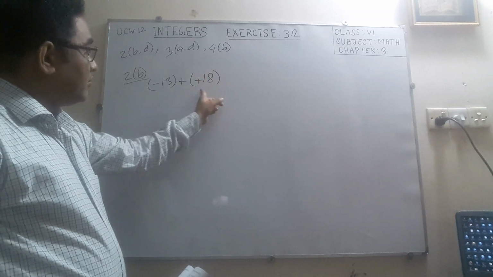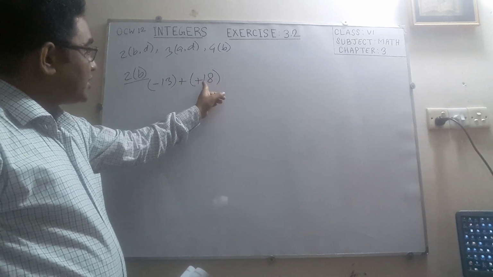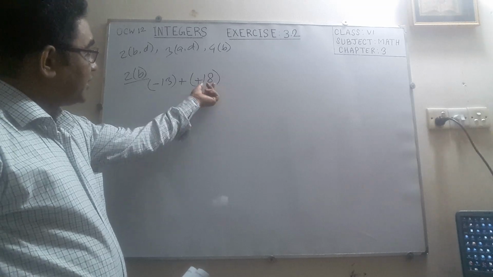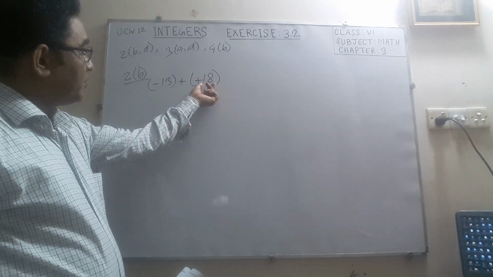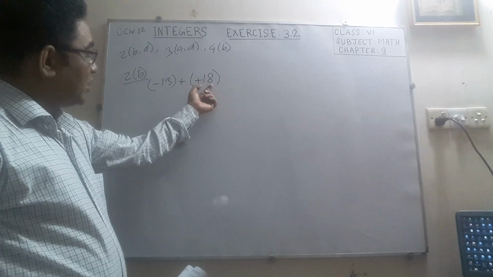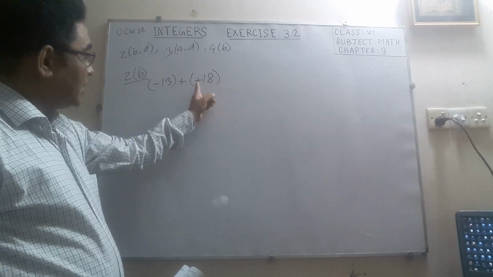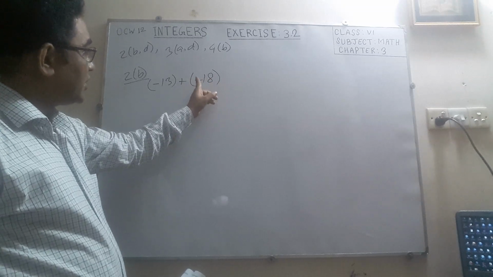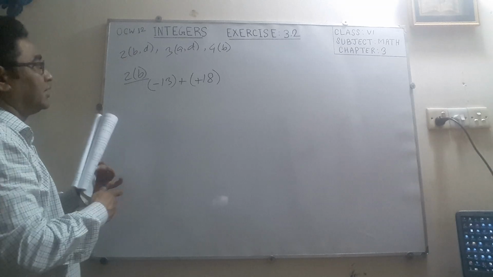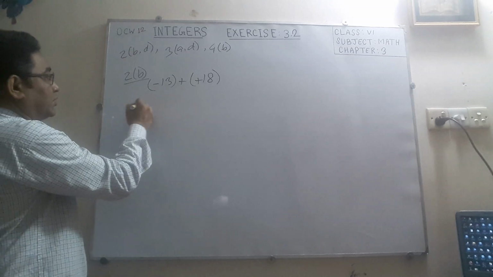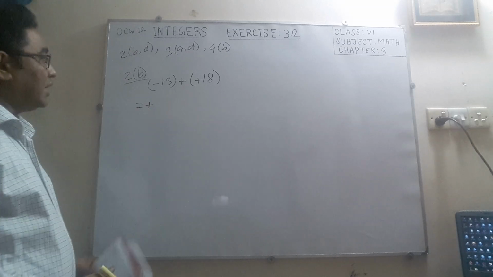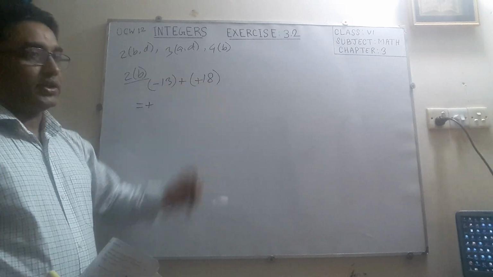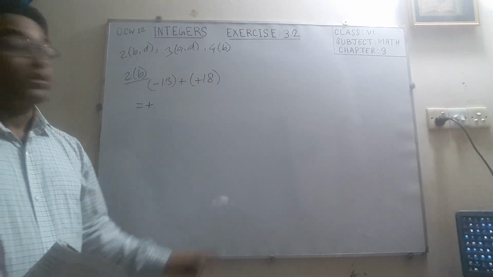That means plus is the stronger. The quantity plus 18 is more here. That's why we have to put the plus sign. And 13 and 18, what is the difference in between?